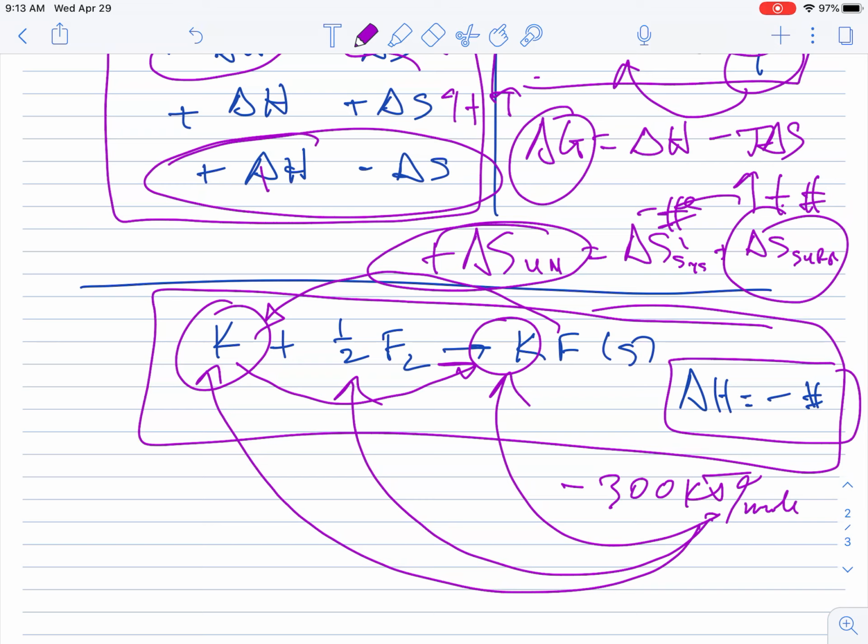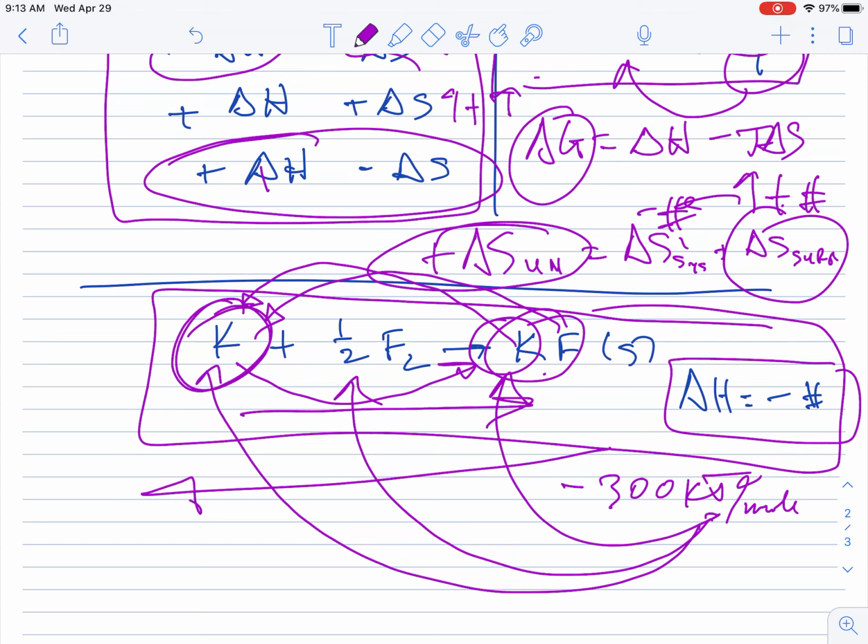So you have to pay attention to the reading of the question. Are you talking about the formation of potassium fluoride, or are you talking about the decomposition of potassium fluoride to make potassium? Because if you're going this direction, you're going to release energy. If you're going in the opposite direction, you're going to absorb energy. So you want to pay attention to which direction this reaction is going.